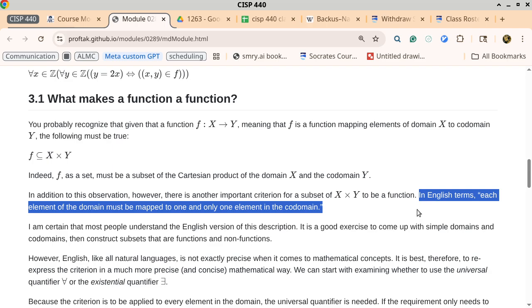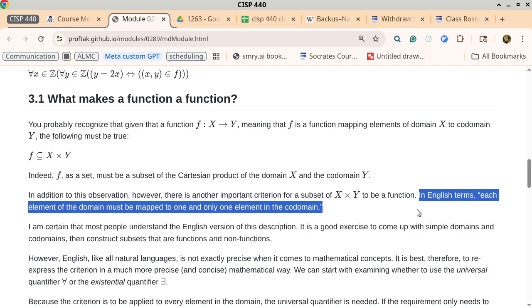Let's read the whole sentence again. Each element of the domain must be mapped to one and only one element in the codomain. Each, that is correct. So each is telling you that this is universally quantified.